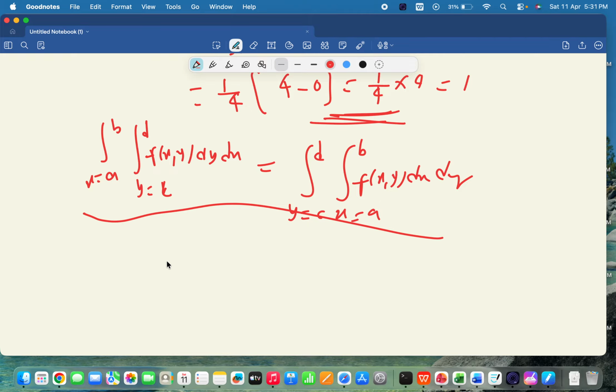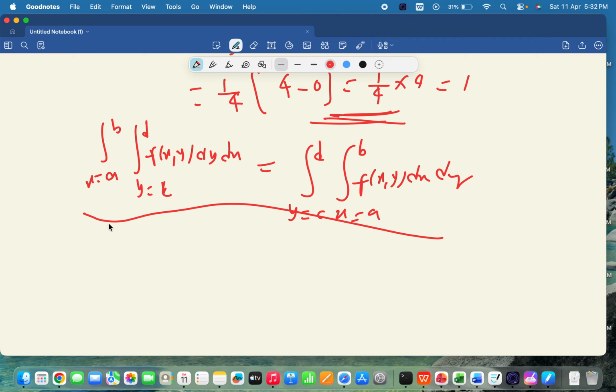Okay, so this is the only case, because here we are having constant limit values. So either you can solve y first or you can solve x first, the value will be the same.